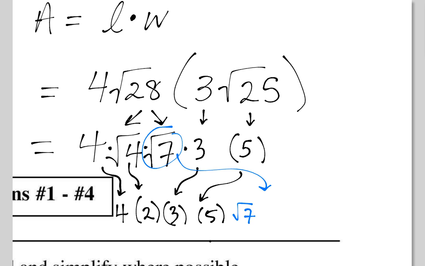And then you just put all the numbers together. 4 times 2 times 3 times 5. 15 times 8. Can't do it in my head. 120? That's the final answer I got. 120 root 7.